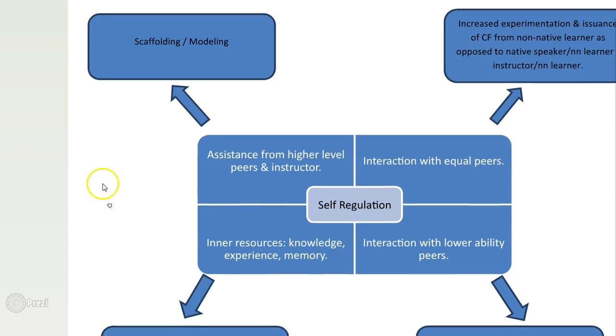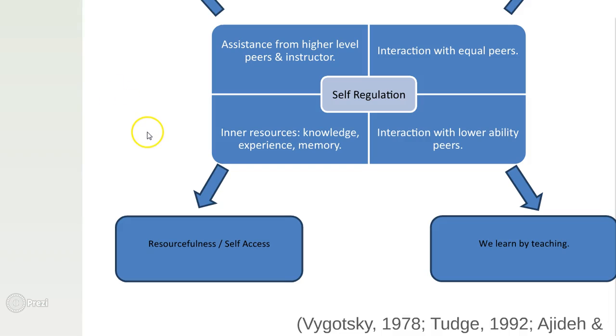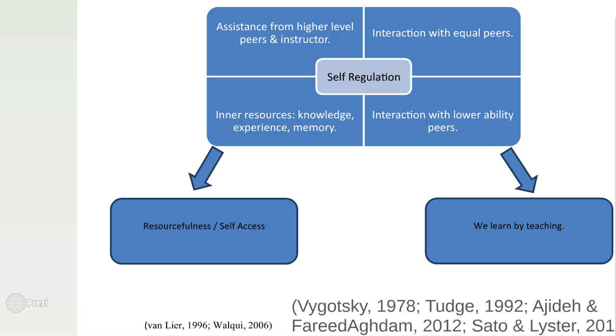Lastly, in the area of inner resources, knowledge, experience, and memory, when working independently or in groups, the learner resorts to their internalized experiences and skills solidified from learned strategies, practice, and teacher modeling.